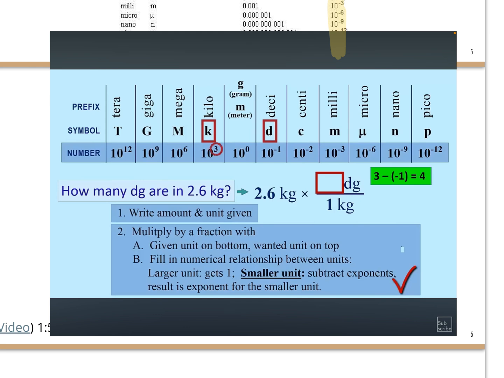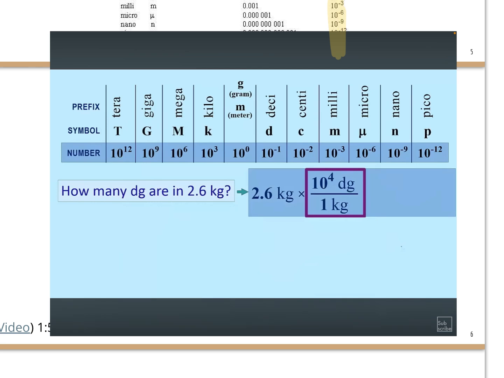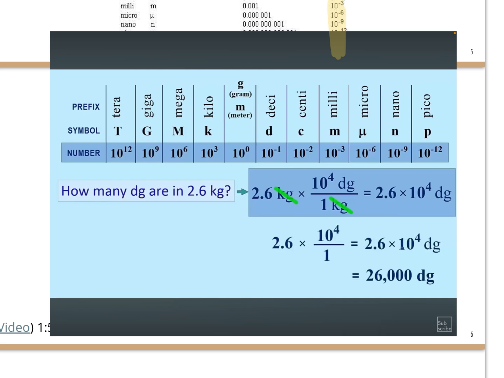Kilo has an exponent of 3, deci is negative 1, and so the difference is 4, which becomes the exponent. There is 10 to the 4th, or 10,000 decigrams for every 1 kilogram. With this setup, the kilograms cancel, leaving the desired unit, decigram. Do the math, and we get 2.6 times 10 to the 4th decigrams.